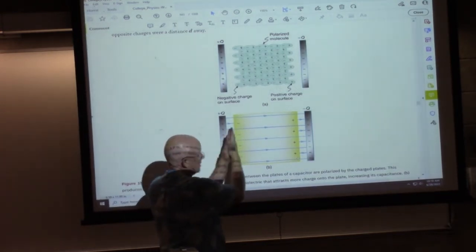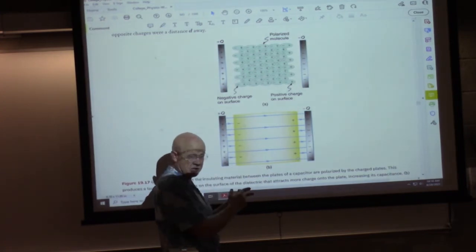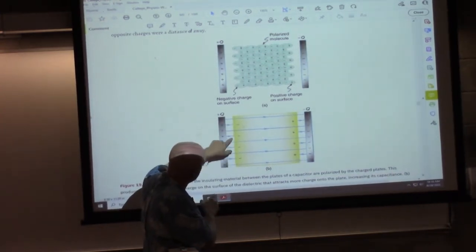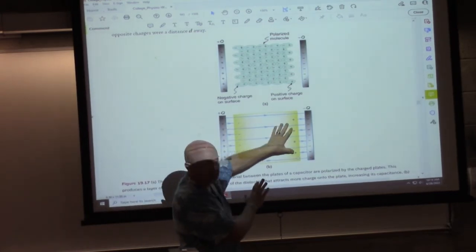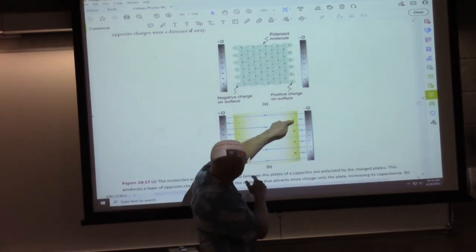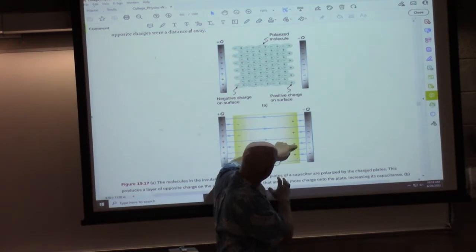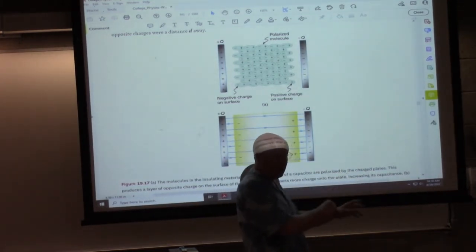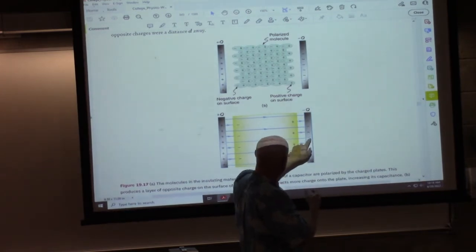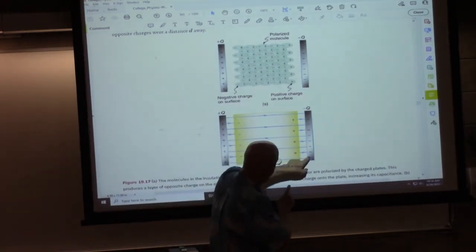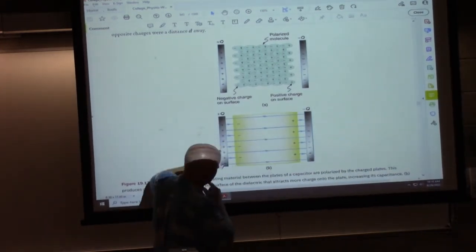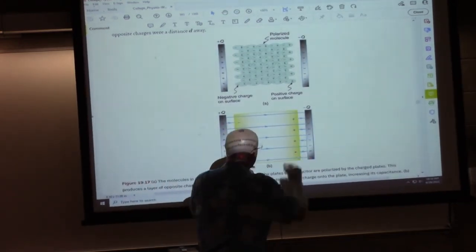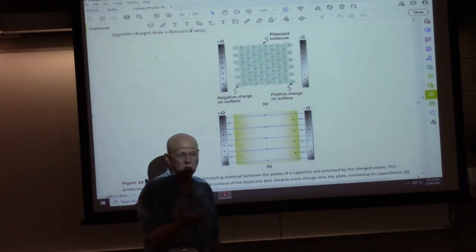Otherwise, all the lines would stop. He's just saying some of them do. And so he's drawn it so every other one is stopped, and so only half of them continue on through. But of course, now remember, the other side is the equivalent of being positive, so they get restarted again, and they continue on, and which is important because we'd have the same negatives over here, so we've got to terminate the same number of blue lines over here that we originally generated here. But in the material itself, the electric field is smaller.